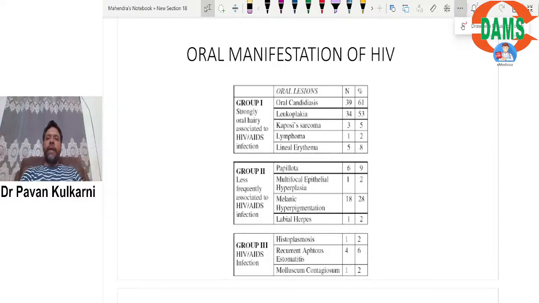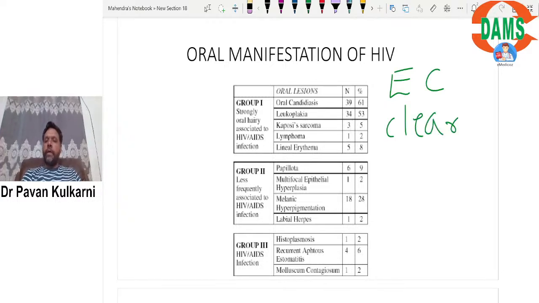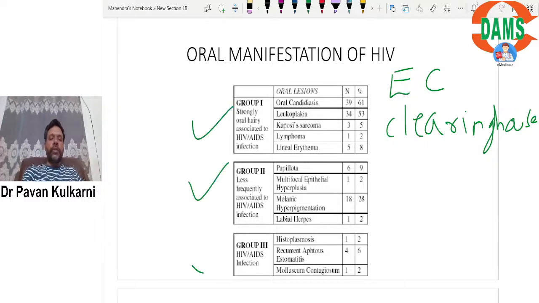All of us might be aware of this, but we should remember this name, EC Clearinghouse. What the EC Clearinghouse classification tells us is that there is group 1, group 2, group 3. Group 1 means those which are strongly associated with HIV. That means in HIV patients, you are going to see these oral manifestations.